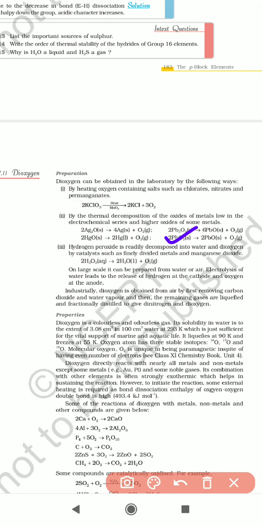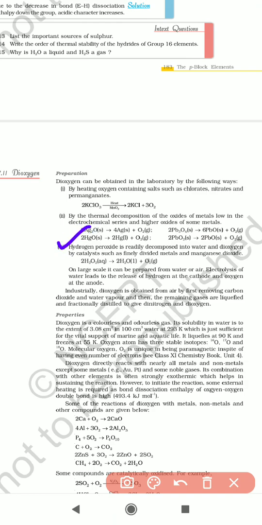So all metal oxides, if heat energy is applied, dissociate into metal plus oxygen gas. And the third preparation method is hydrogen peroxide.